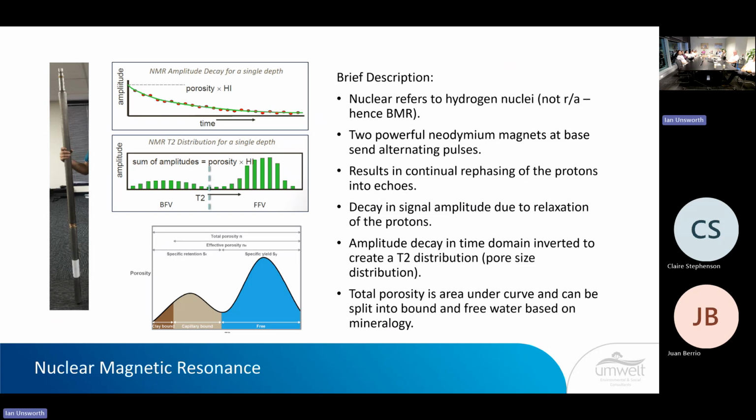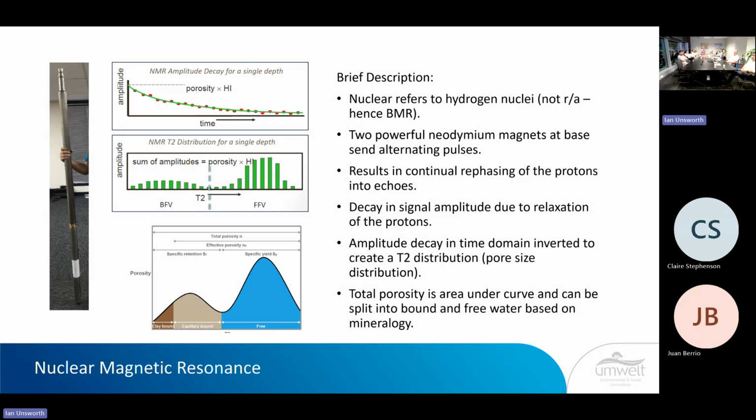So nuclear magnetic resonance. The nuclear part refers to the protons in the hydrogen rather than an actual nuclear source. So it's been marketed as BMR, or magnetic resonance, because of lay people's fears. There is no radioactivity.